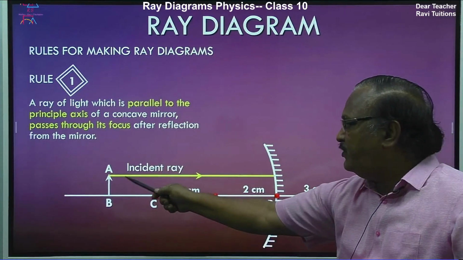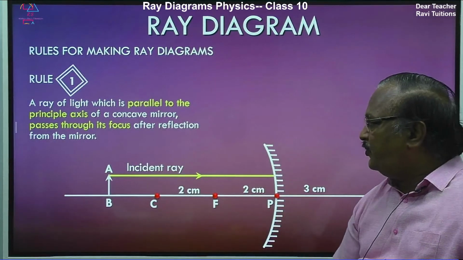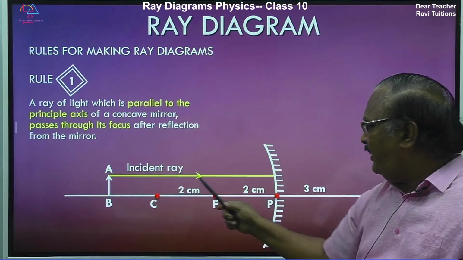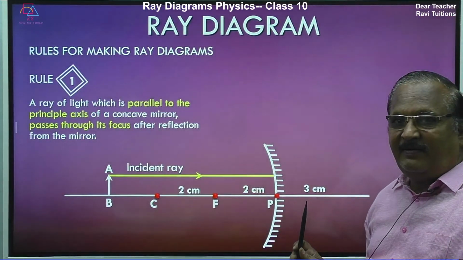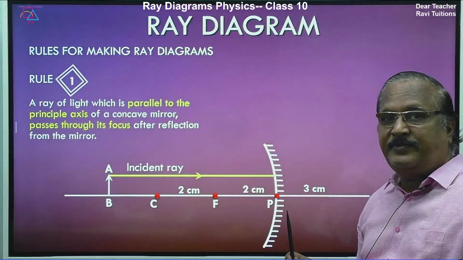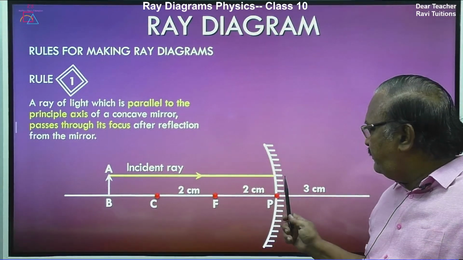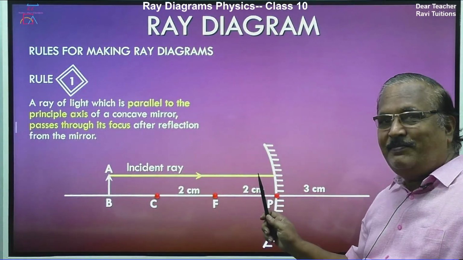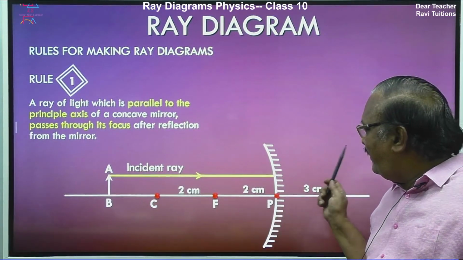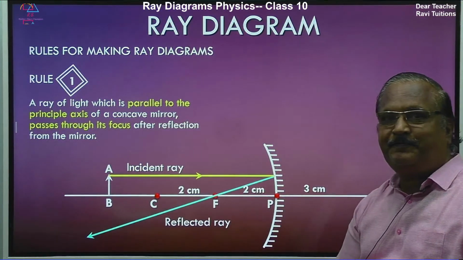Now we keep the object like this, AB is the object. From A you draw a parallel line, because this is how you need to draw the diagrams. This parallel ray reflects through the focus and goes like that.